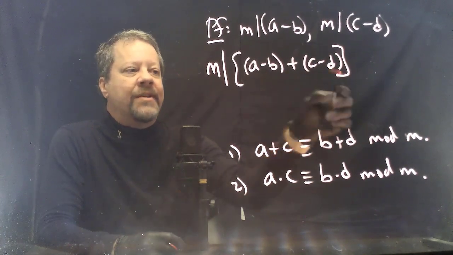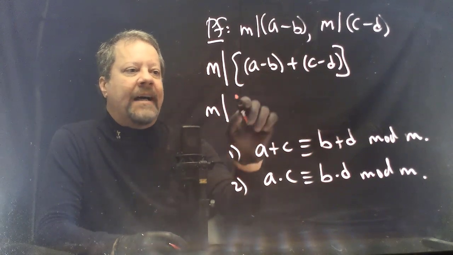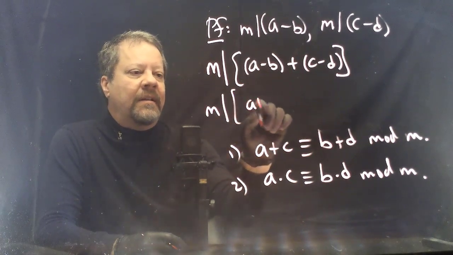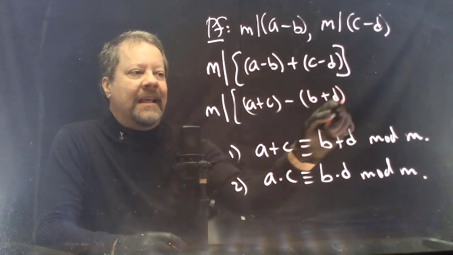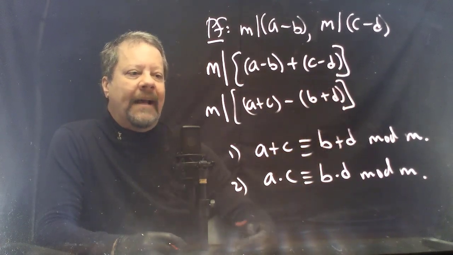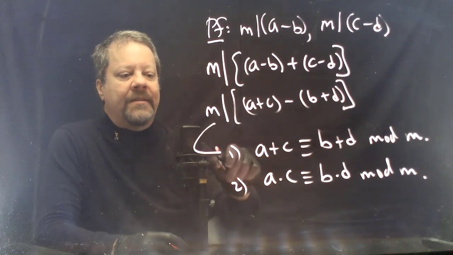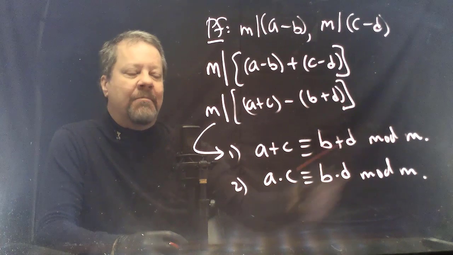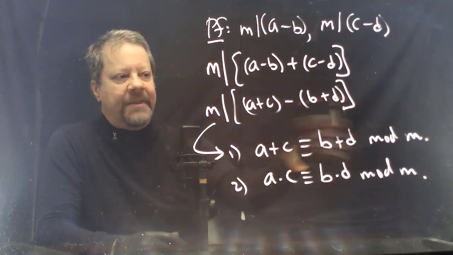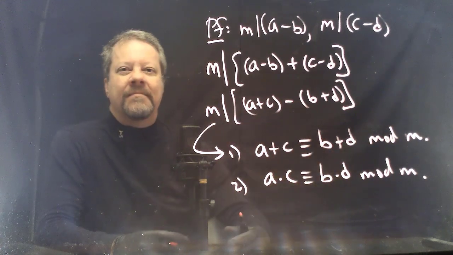But we can rearrange this as m divides (A plus C) minus (B plus D). And that's precisely what it means for A plus C to be congruent to B plus D mod m, is that m divides the difference.